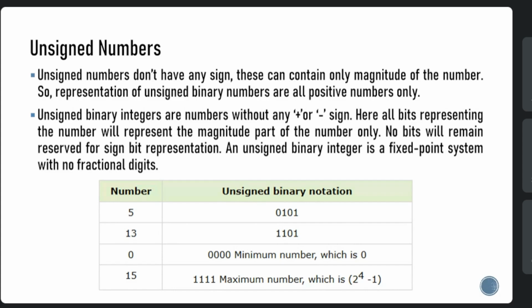No fractional digits means no values like 0.5, one half, one third, one fourth. So, unsigned numbers are positive only.